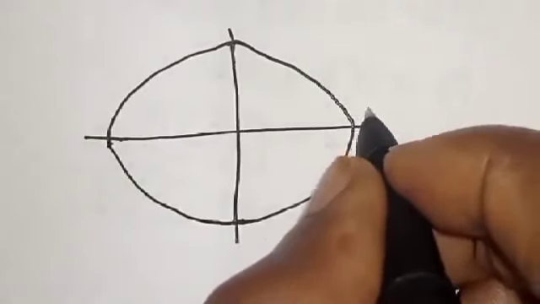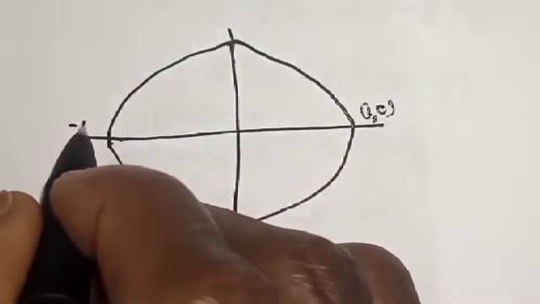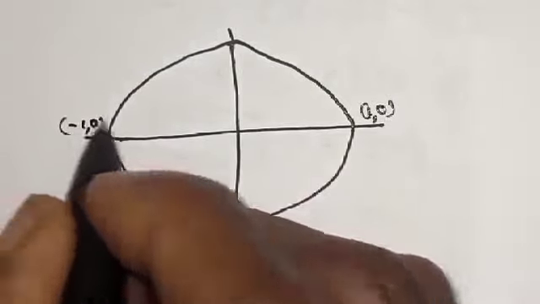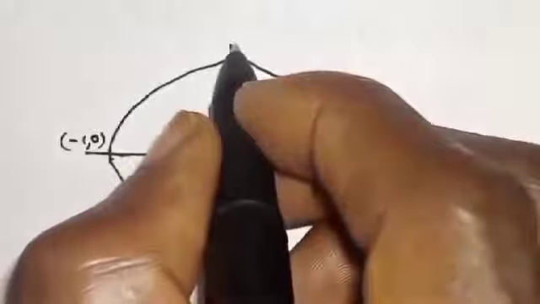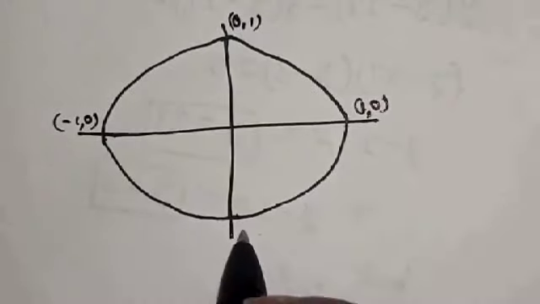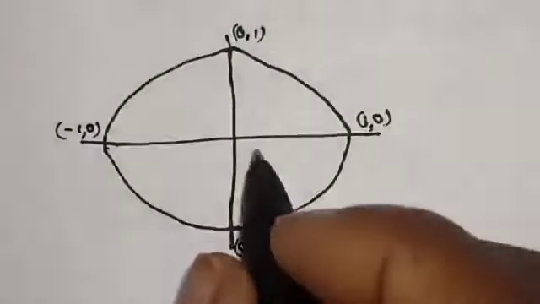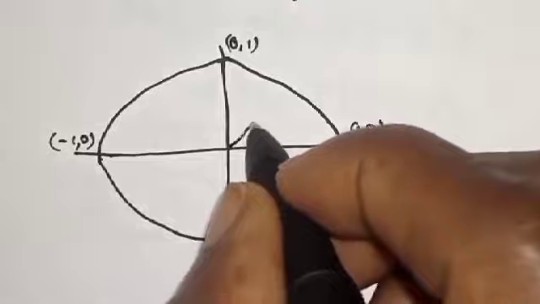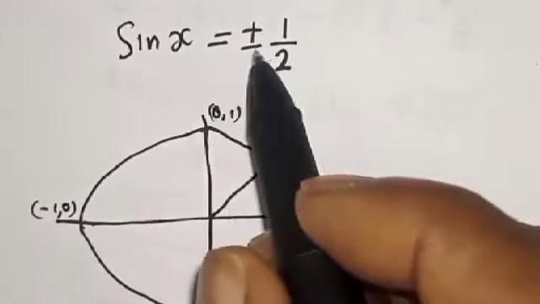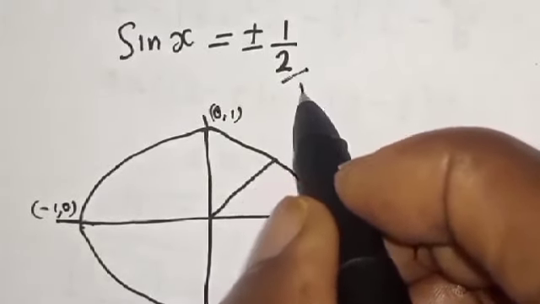Here is 1, 0. Here is minus 1, 0. Here is 0, 1. Here is 0 and minus 1. So let's draw our angle here. We know that sine x is equal to opposite over hypotenuse. This is also over 1.